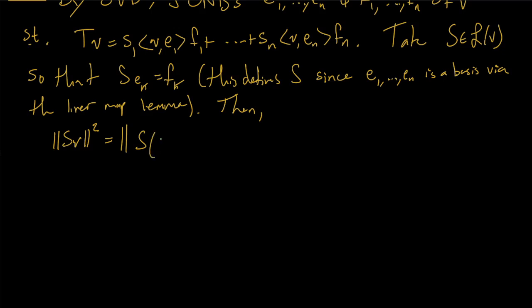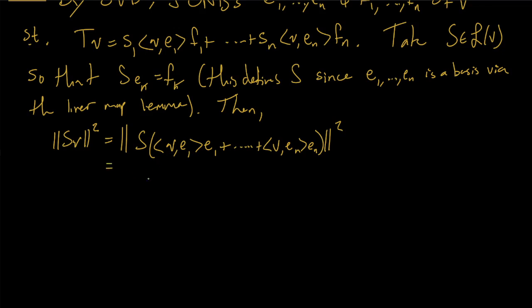This will be S applied to <v, e1> e1 plus ... all the way down through <v, en> en. You can always do this to write v. This piece right here is just v. You can always do this with respect to an orthonormal basis. One of the first things we proved about orthonormal bases.